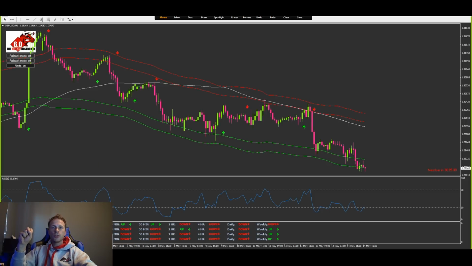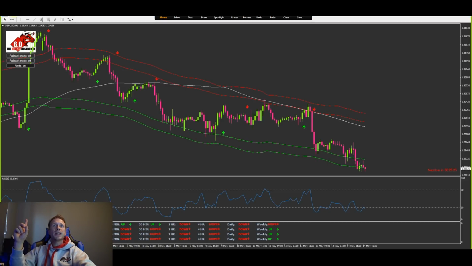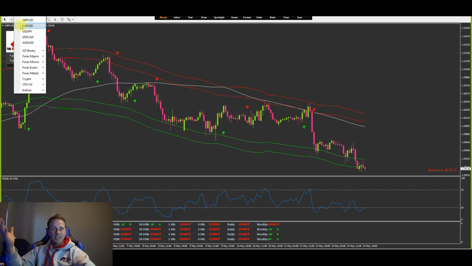Now what I'm going to do is go over to my number generator here, and my max is 6. So these are my 6 currency pairs in here. Now to show you that I haven't back tested it, I'm going to click here now, and it's given me number 3. Okay, so number 3 is going to be EURUSD.